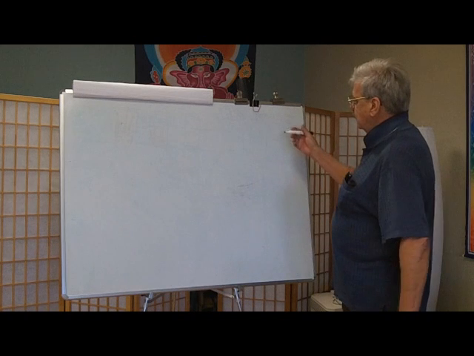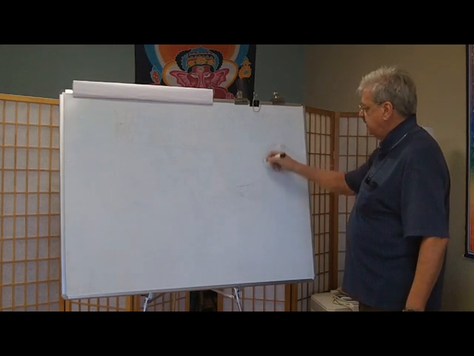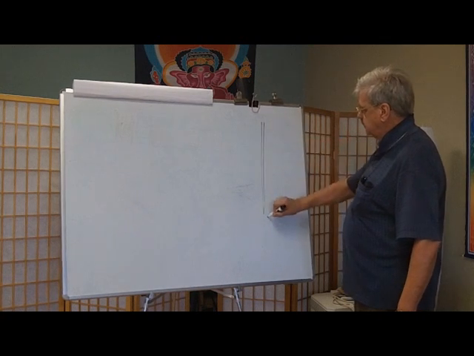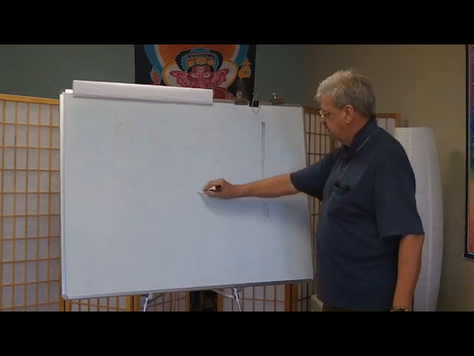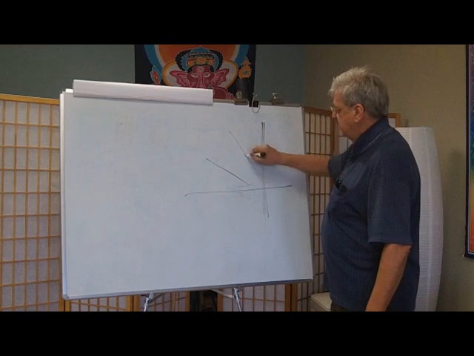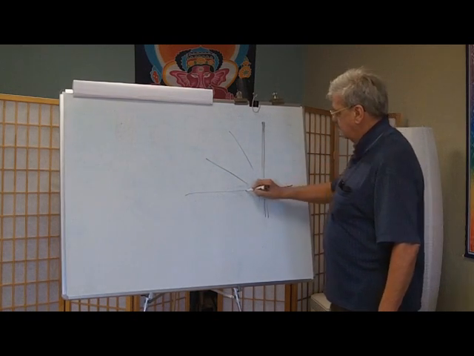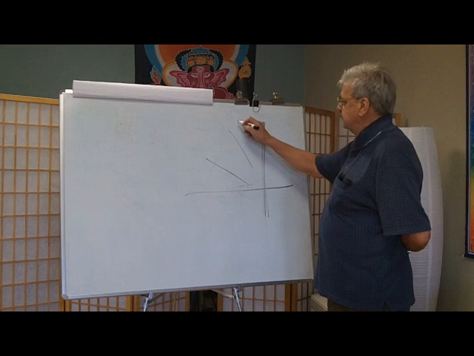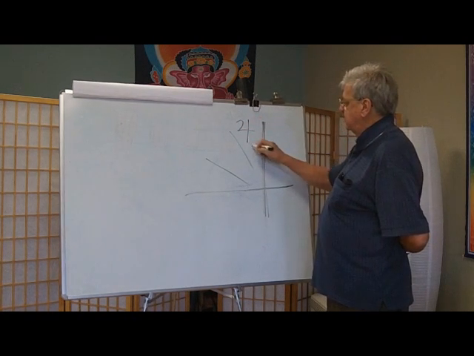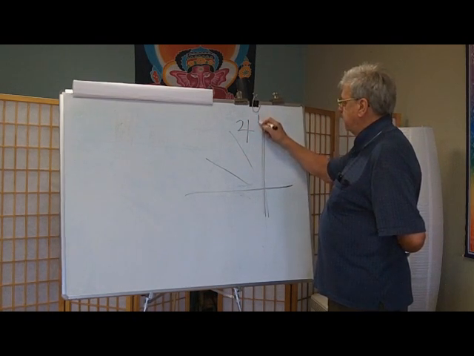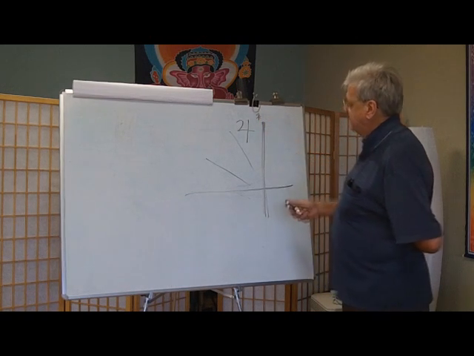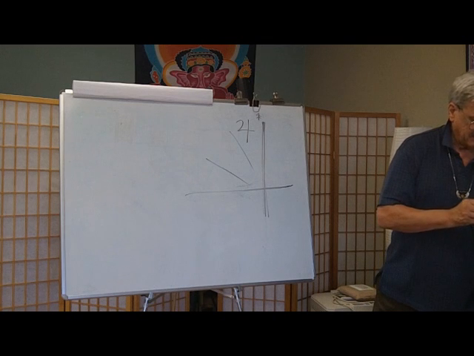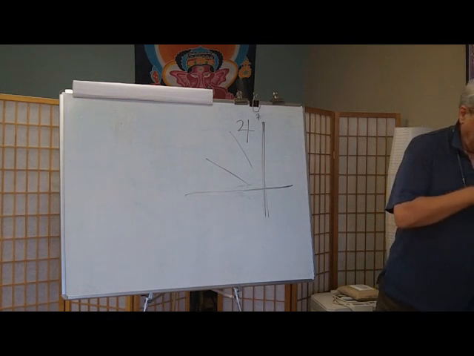Now, when we see a planet in a house, it's going to tell us something. Let's say that Jupiter, back to Jupiter again, is in Sagittarius, okay? In that case, this Jupiter would suddenly become extremely powerful.